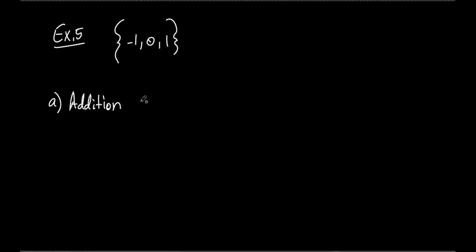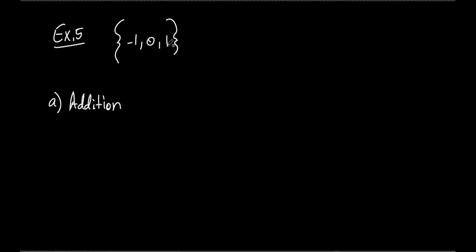I see what they're doing. So that means if I add any of those two numbers, if that number is still in that set, then it's closed. If the answer, when I add any of those two numbers together, is not in that set, then it's not closed.